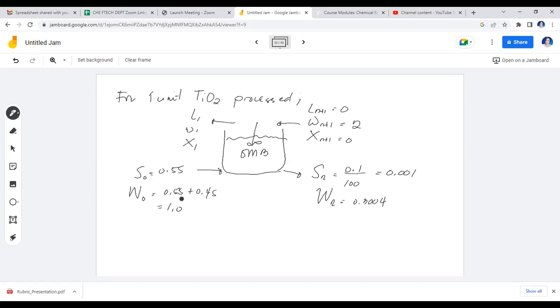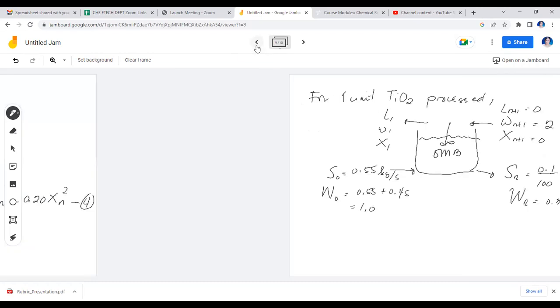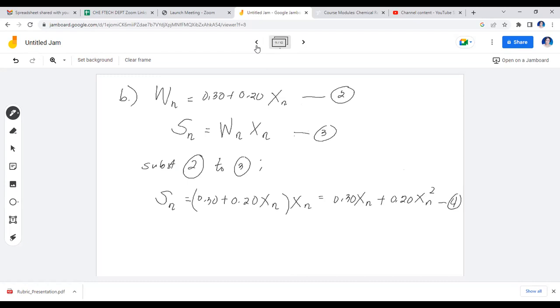So it has 0.55 kilograms of the salt. So you have here 0.55 kilograms per second. Now in here, where is this 0.1 divided by 100 coming from? It came from the table that we did.